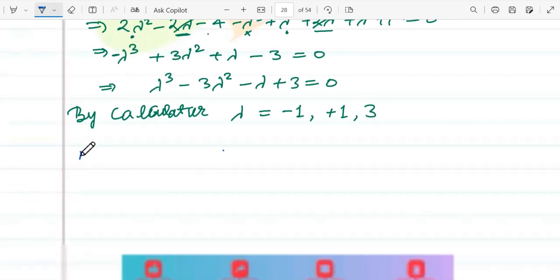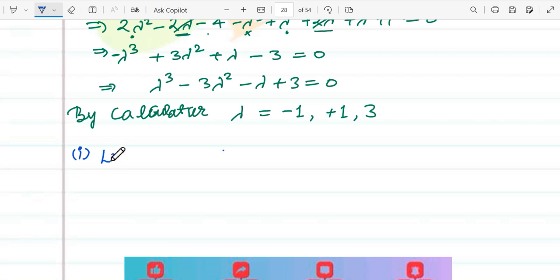Number first, let eigenvector for lambda 1 is equal to minus 1.